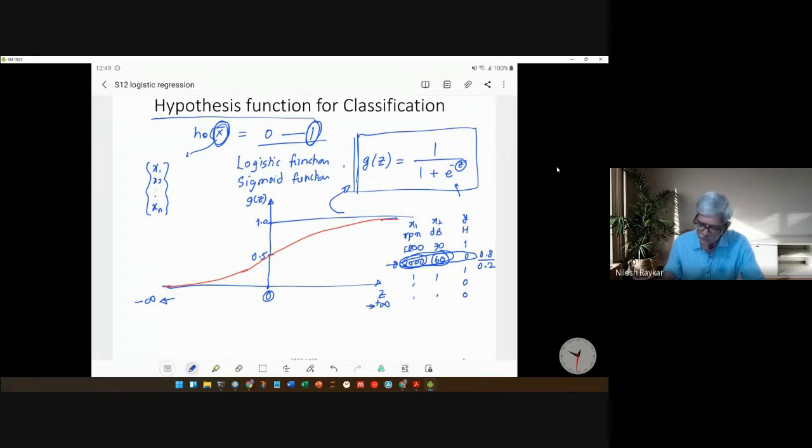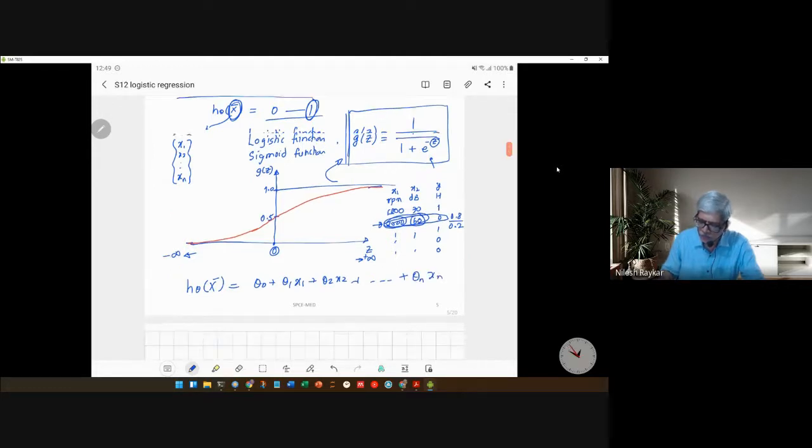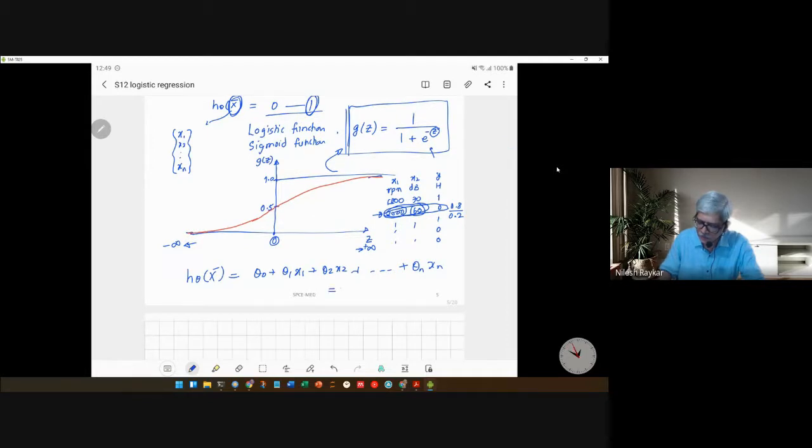In linear regression, the hypothesis function is given as theta 0 plus theta 1 x1, the first feature, plus theta 2 x2, and so on up to the last feature. Or in matrix form, the same thing we can write as theta transpose x, where x is the feature vector and theta is the model parameter vector.